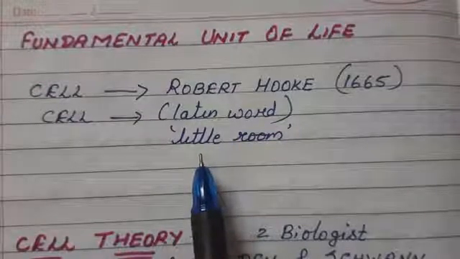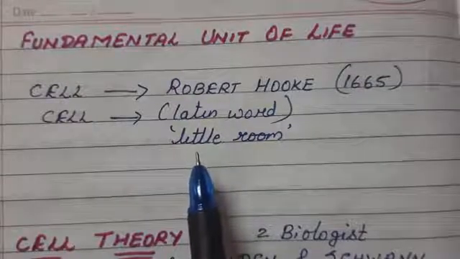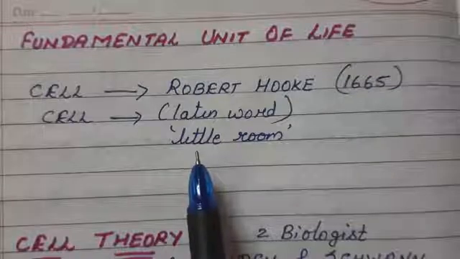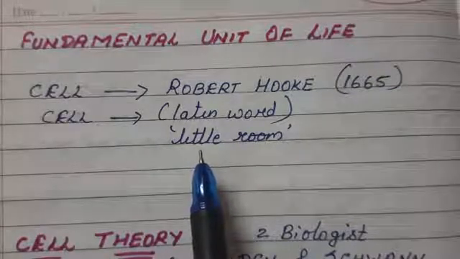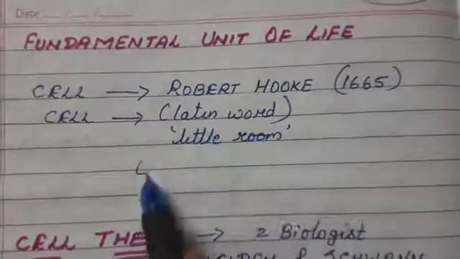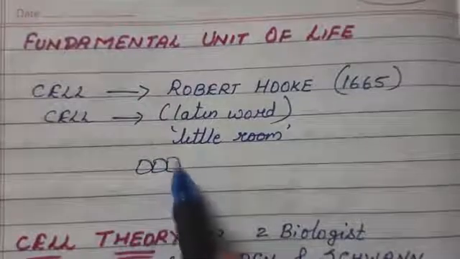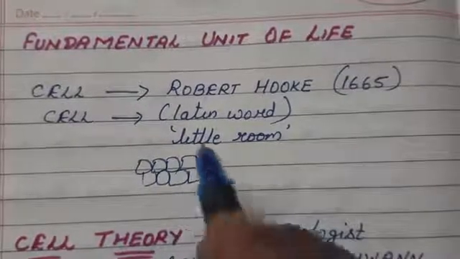So he had his own microscope and he was looking at a very thin slice of cork under the microscope, and when he looked, it looked like a honeycomb. You all must have seen a honeycomb. So it looked somewhat like this.